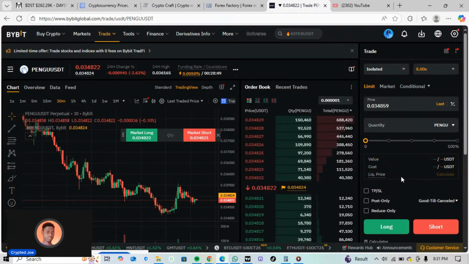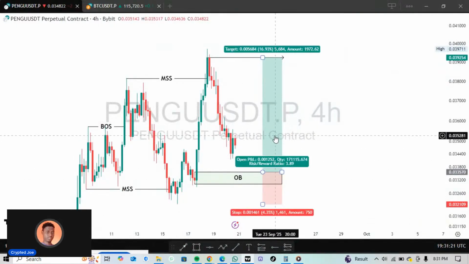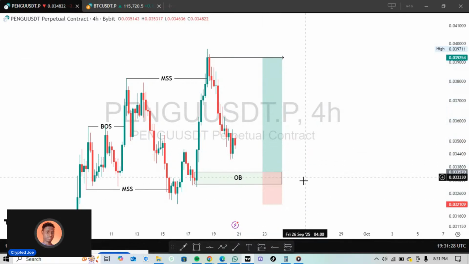So the best way to avoid losing more than the desired amount is to look at the stop loss percentage on that trade. Like for this example, we have 4.35. So you divide 0.25 by 4.35 percentage.